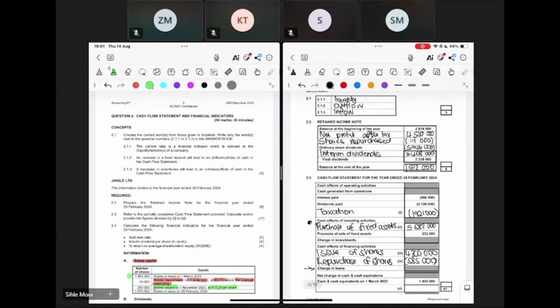Okay, now the last part they want us to calculate is V here at the bottom. Does anyone know what we're supposed to put there? What's the last thing we put in our cash flow statement?